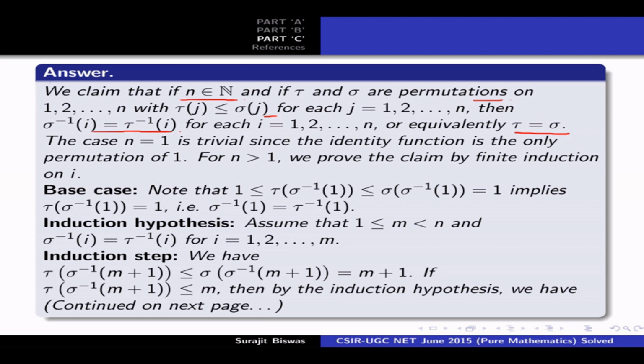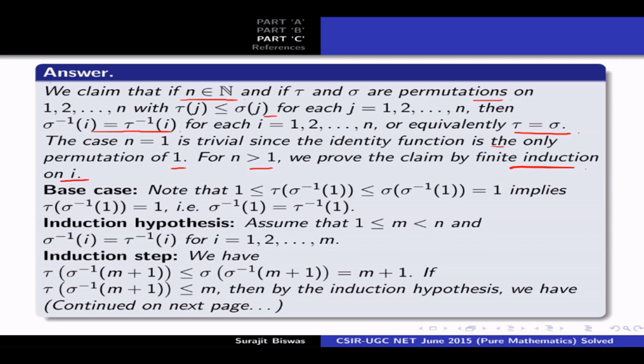So this gives a characterization. The case n = 1 is trivial since the identity function is the only permutation of {1}. For n bigger than 1, we prove the claim by finite induction on i.